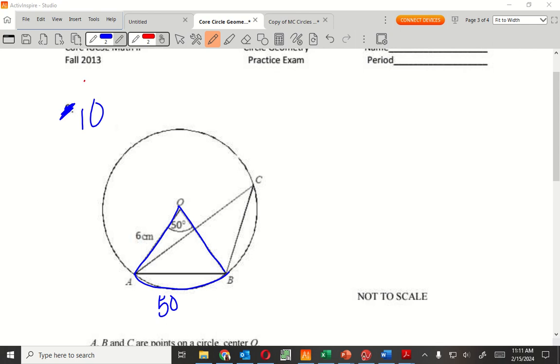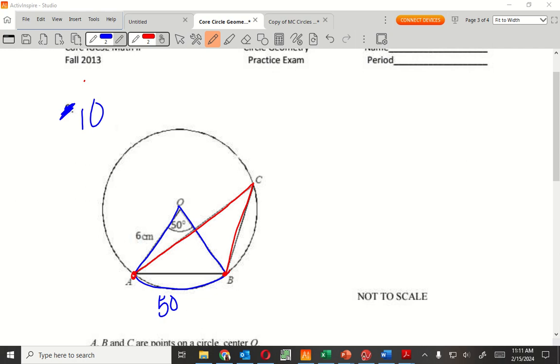Now, let's look. Same endpoints. This is what type of angle there? Inscribed. Very good. So if it's inscribed and touching the edges, we know that the inscribed angle is what? Half the arc.